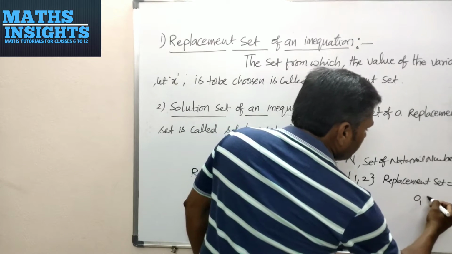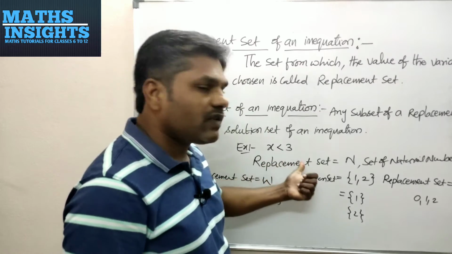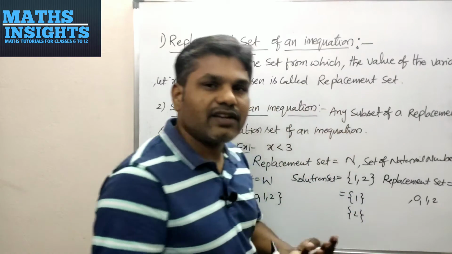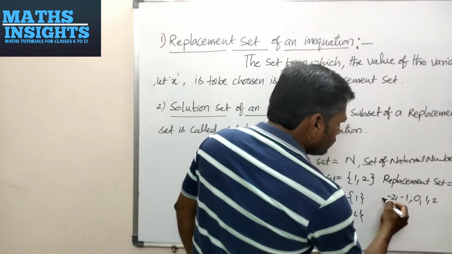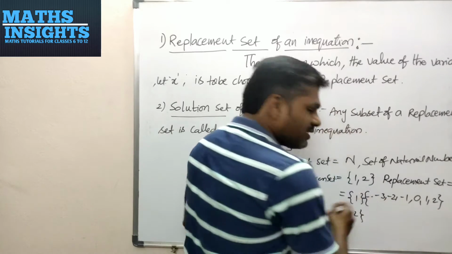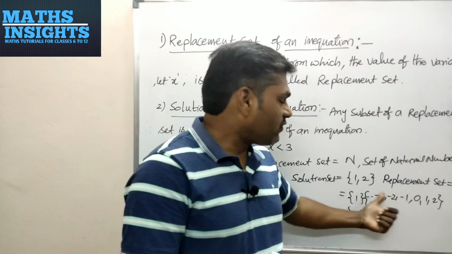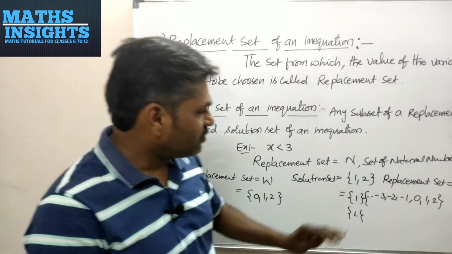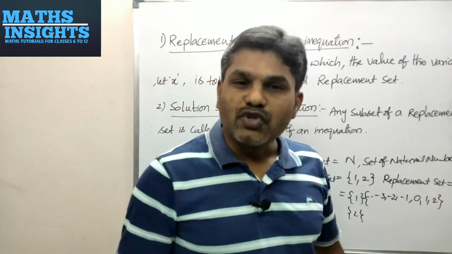So 0, 1, 2, we should not go beyond that, because x values are less than 3. And if you come to the left side, there are an infinite number of values: -1, -2, -3 and so on. So in this direction you don't have any limitation, infinite number of values satisfy this inequation, but on the right side there is a restriction, you have to go up to 2 only.